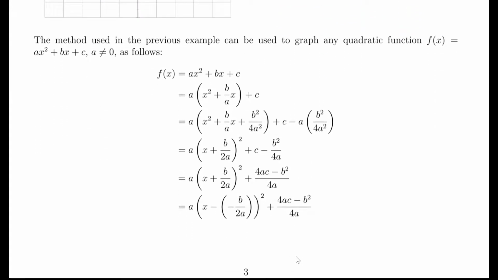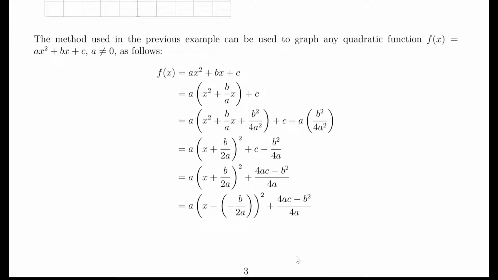What you see right here is my take on an explanation of how completing the square works, how we can go from the standard form of a quadratic, that's this line right here, to the vertex form of a quadratic.